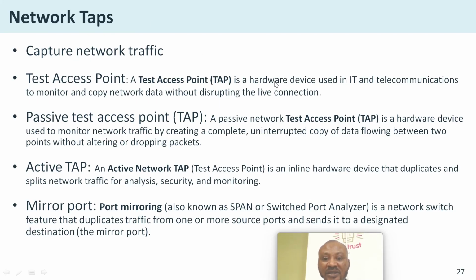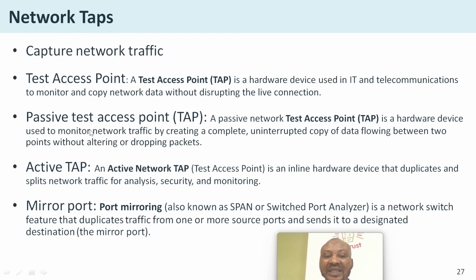It is a hardware device used in IT and telecom to monitor and copy network data without disrupting a live connection. You're trying to monitor what is coming in. You have a device that can copy the data and monitor the traffic without disrupting your network. That is what is called a test access point.